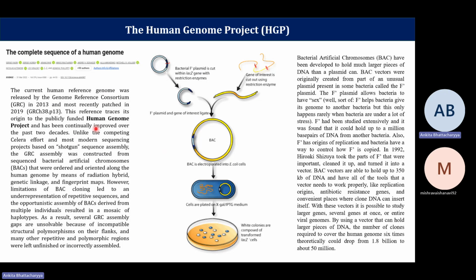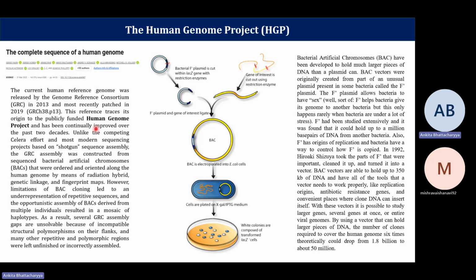Now, unlike the competing Celera efforts, Celera Genomics did this independently. They also took up a project to sequence the human genome. The GRC assembly, because it was done several decades ago, was constructed from sequenced bacterial artificial chromosomes, or BACs.